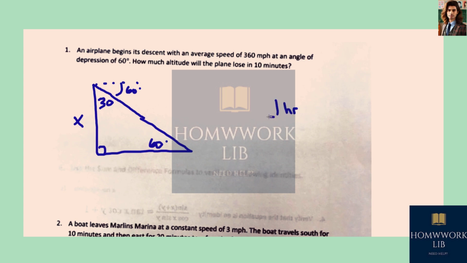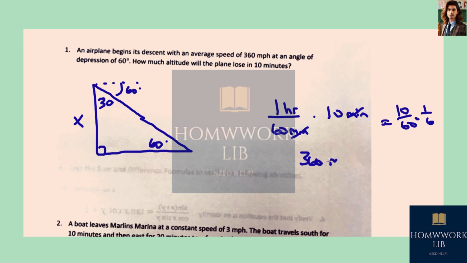We know that there's 60 minutes in 1 hour. So if we want to figure out 10 minutes in hours, that would be 10 out of 60, or 1/6 of an hour.